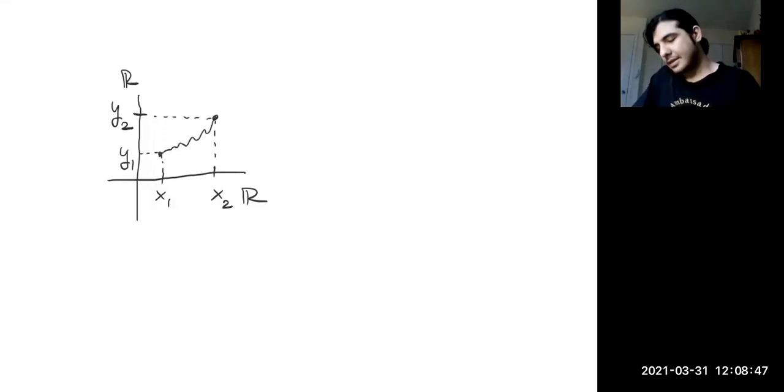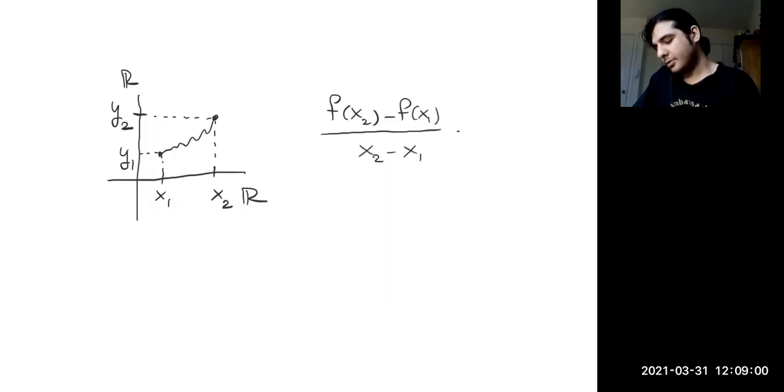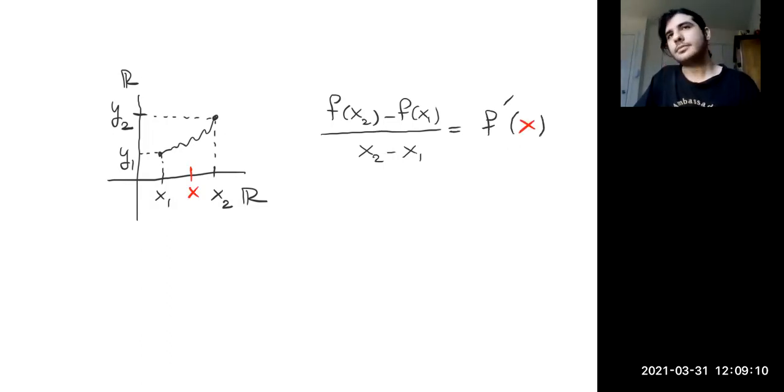If you remember, we have a theorem in calculus which says (f of x2 minus f of x1) over (x2 minus x1), for any x2 and x1, is equal to the derivative of the function somewhere between them. So at some point x, we have this equality, right? (f of x2 minus f of x1) over (x2 minus x1) would be the derivative of the function at some point.